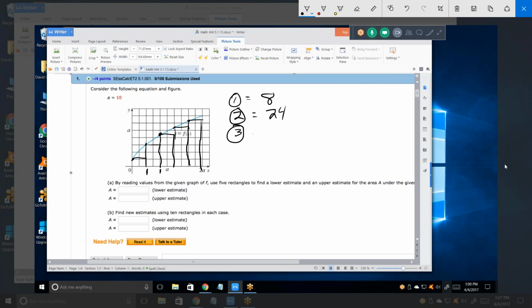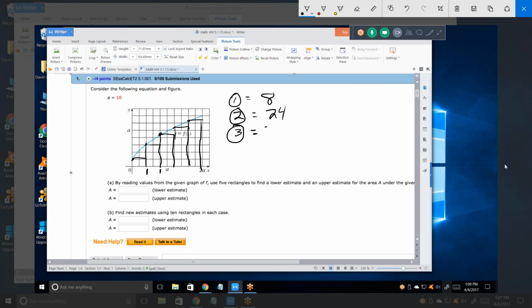About number 3. And notice this says estimate. So there's not going to be a right answer or a wrong answer as long as we're close. Okay. So number 3 is also 4 units wide. How tall is it? 1, 2, 3, 4. About 9.